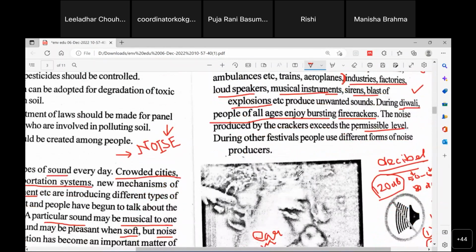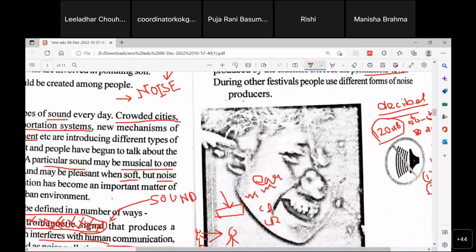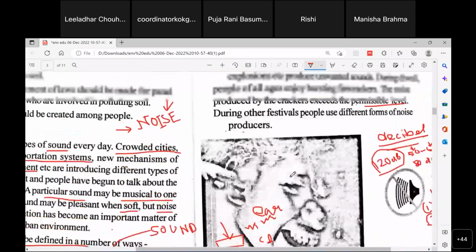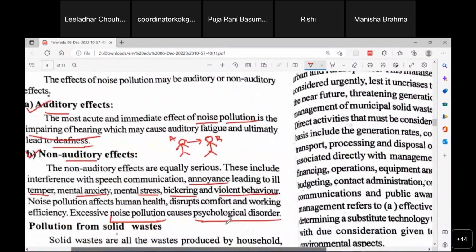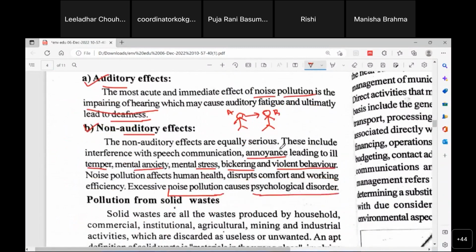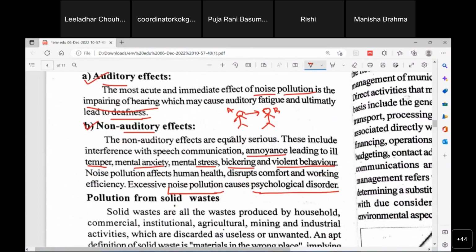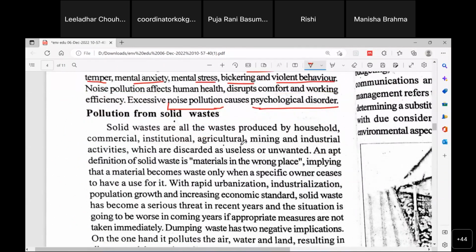We can stop bursting firecrackers with high decibel capacity, so that can be very good to our environment. And in some cases, people can try to reduce noise pollution, and industries can also improve their technology to reduce their huge amount of pollution.